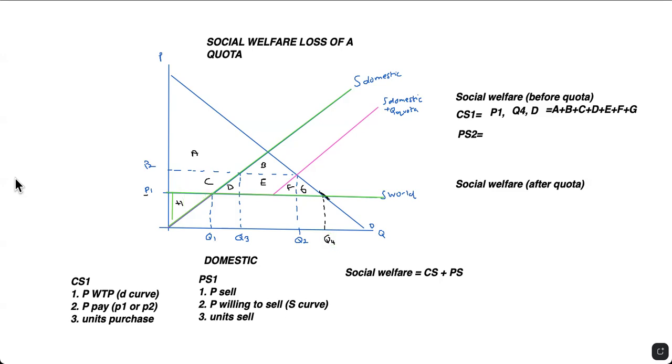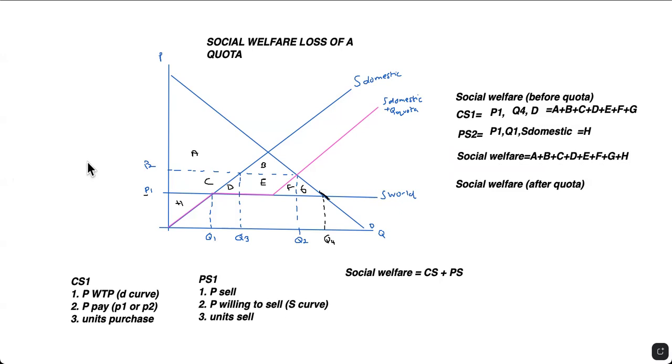So we are going to look at the difference between P1, Q1, and the S domestic. We're talking about domestic surplus, so that will just be H, giving us a total social welfare of A, B, C, D, E, F, G, and H. So very high levels of social welfare.